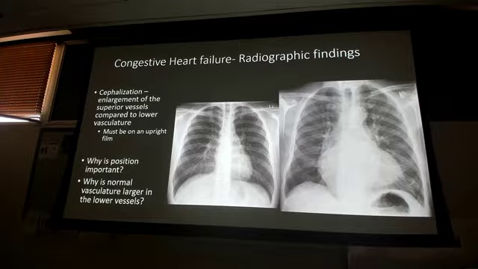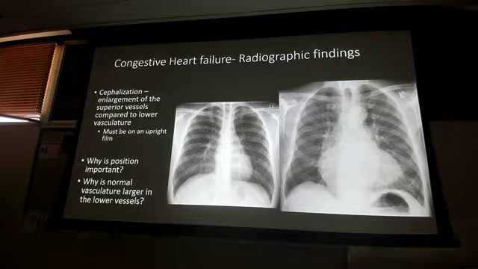So I need it to go, hey, gravity's supposed to be working, it's not working, it's building up, there's that fluid. If I'm lying flat, what happens to fluid? It just falls out, right? So it's going to look like potential cephalization if you're supine, even in patients who aren't having congestive heart failure and having cephalization. So if you're going to use this as a tool, it's got to be on an upright chest X-ray.